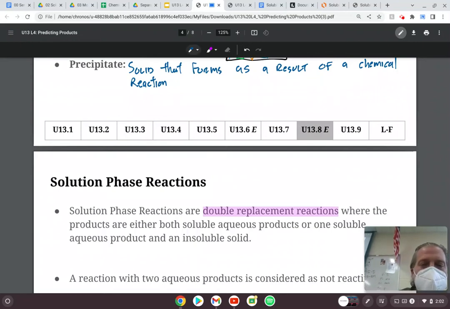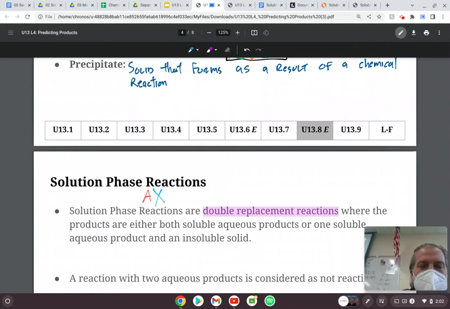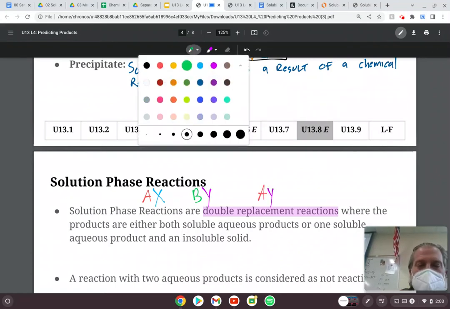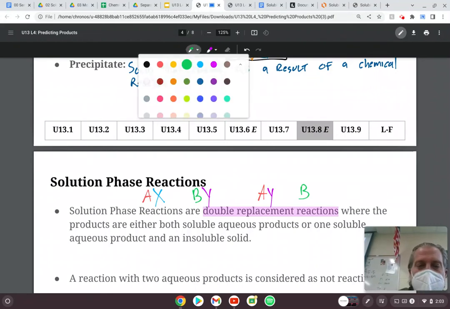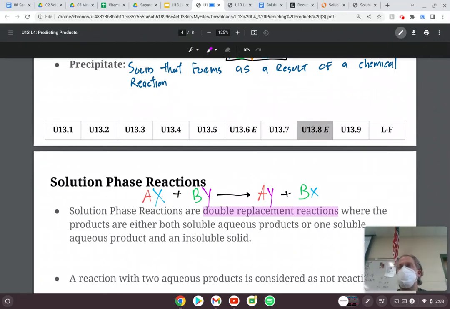And in a double replacement reaction, we're talking about AX reacting with something like BY to produce AY and BX. You might remember that situation where the reactants' parts switched places with one another.